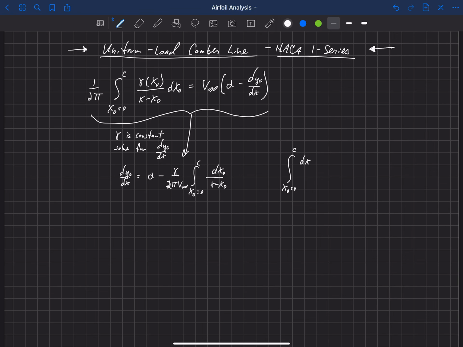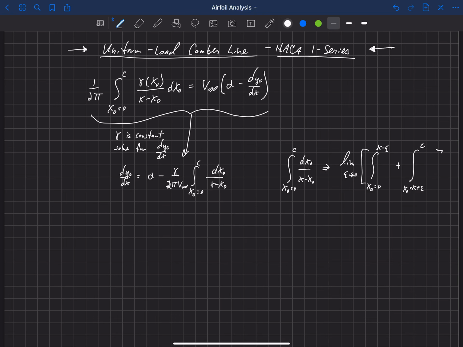Now this integral that we're left with is a little bit tricky because it is singular when x equals x naught. In order to integrate that, we have to look at the limit of that solution as an epsilon approaches 0, and we integrate from the left and from the right. So we'd integrate from x naught equals 0 up to x minus epsilon of that integral, and then add the integral from x naught equals x plus epsilon up to c.